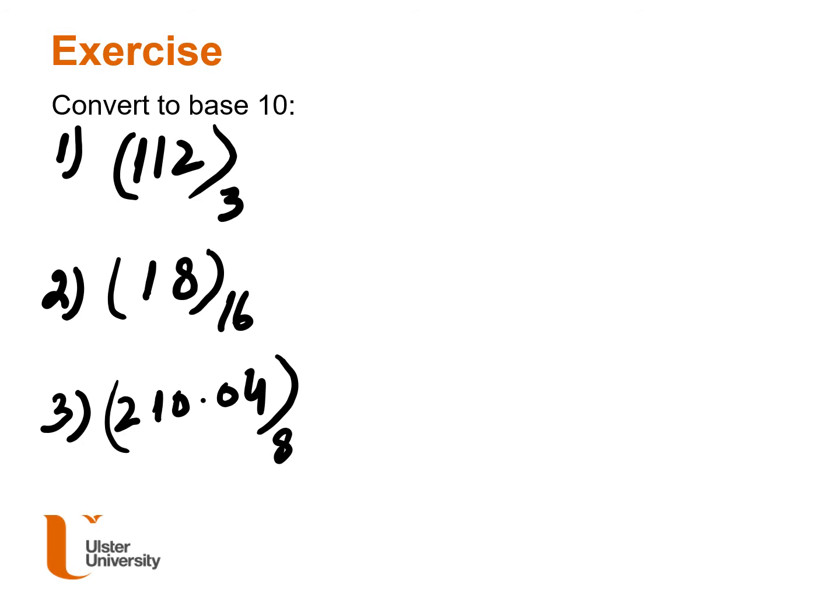We got 112 base 3. When we convert it into base 10, we know the 2 is in the unit position, so 2 times 3 to the power 0, plus 1 in the tens place, 3 to the power 1, plus 1 multiplied by 3 to the power 2.